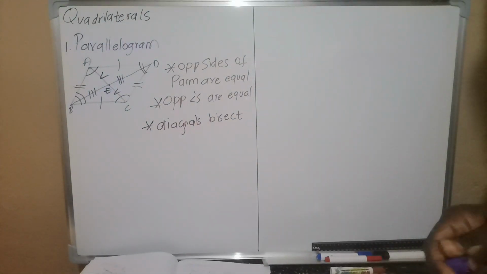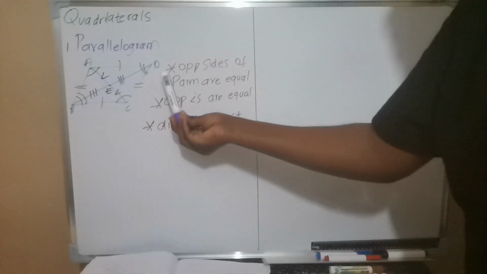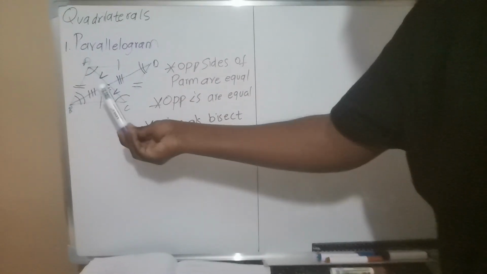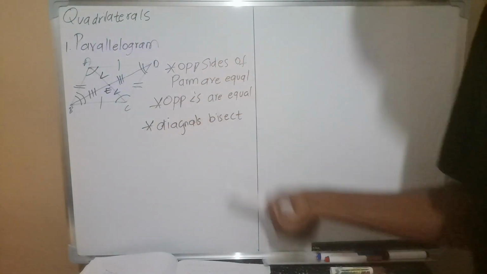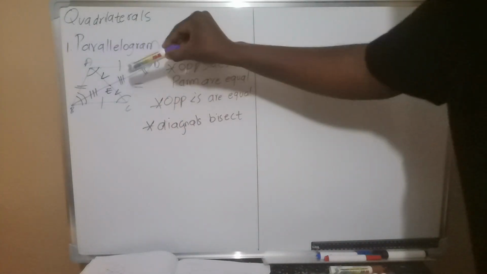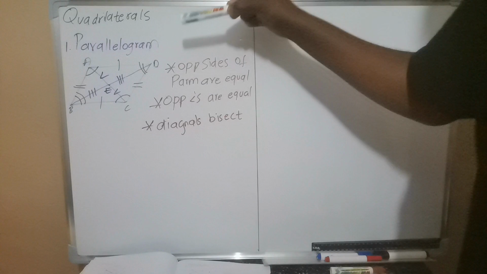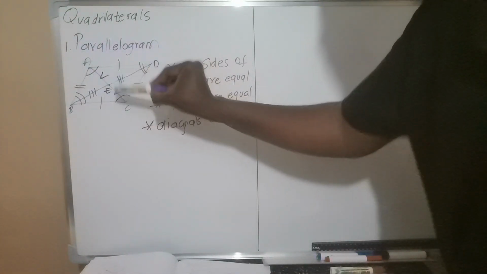This means BE is equal to ED and AE is equal to EC. It's just a sign to show equal lengths. You can show it in many different ways, but I'm showing it through this arrow. AE is equal to EC and BE is equal to ED.